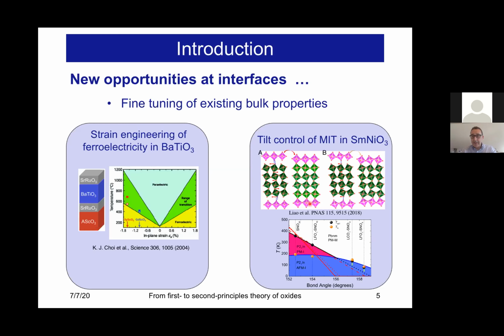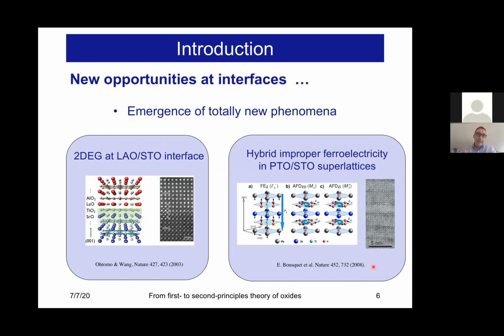And now if you can put some interface layer that allows you to achieve some control of the tilt within the material, then again, you can tune basically the metal insulator transition temperature by a substantial amount.